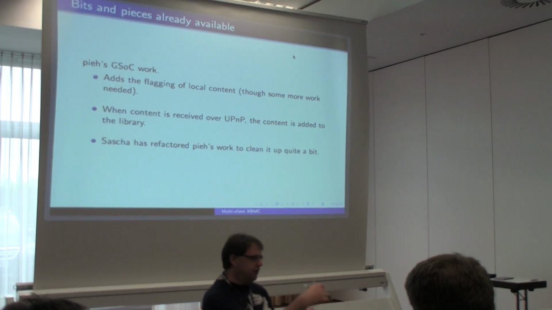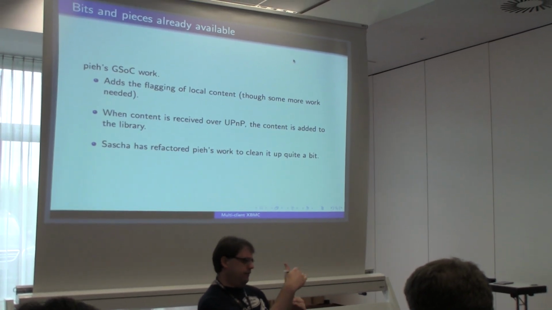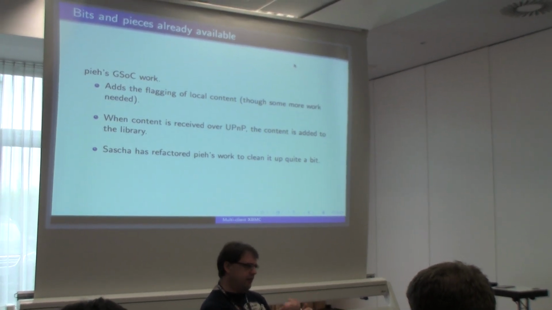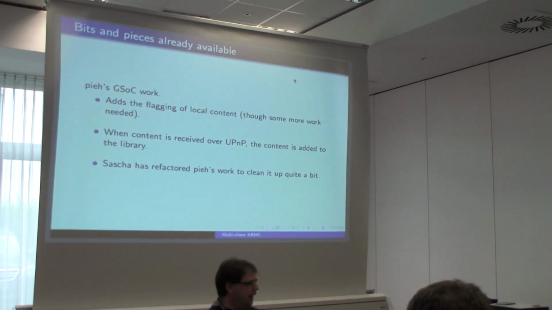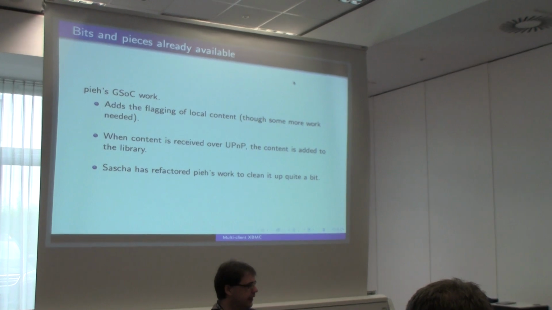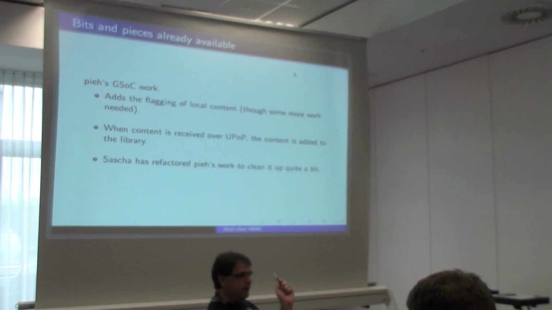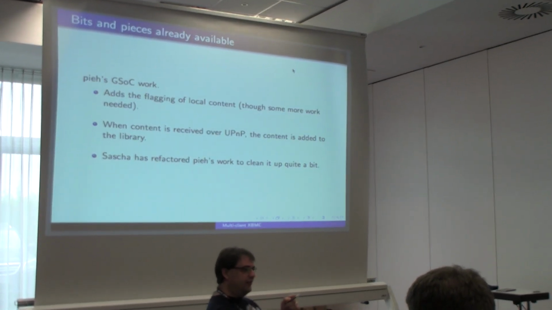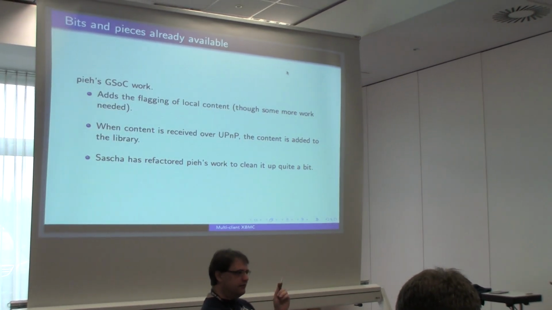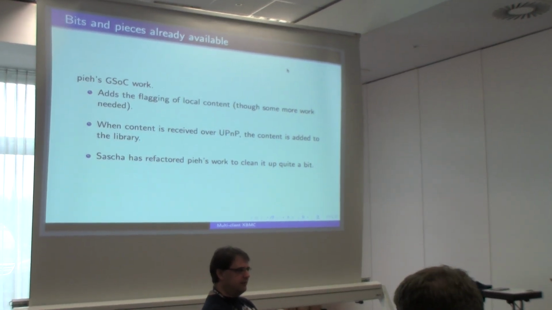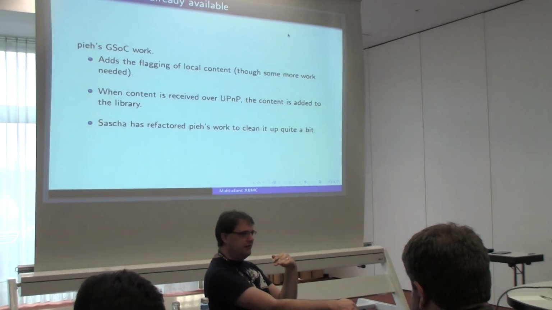And then he implemented a UPnP client that just grabbed all the metadata and shoved it into the database, flagging it as remote. So the code's kind of there, and Sasha told me just before that he's refactored a heap of it. So you reckon it's maybe ready? Ready? No, but better. Better, exactly. Yeah, it was pretty horrid when I first saw it, but anyway.